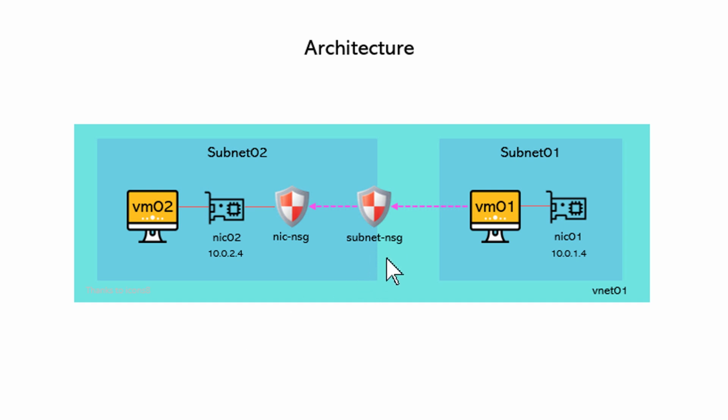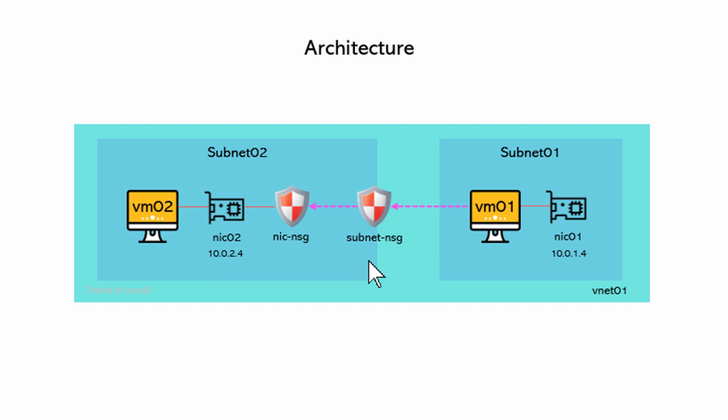If none of the rules deny the packet, only then the security rules in the NSG attached to the NIC will be processed. Only if none of the rules deny the packet in both NSGs will the communication happen from VM01 to VM02. If the packet is denied by the NSG attached to the subnet, it will not even reach the NSG attached to the NIC.